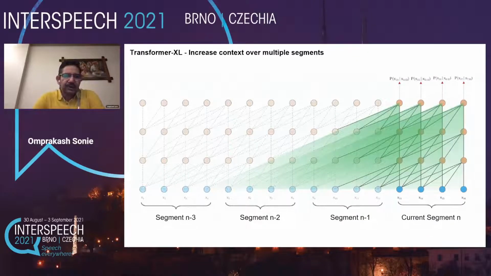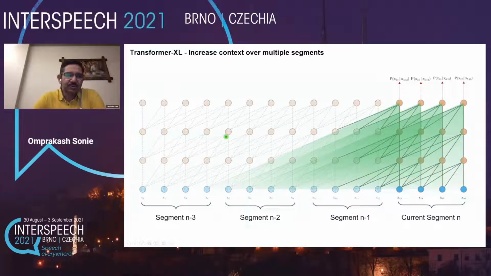Now, in the case of a transformer, what you see is that it treats each segment independently. But there is an enhancement to the transformer model, which is called Transformer XL. What it tries to do is, let us say I am on this current segment N, then I still want to carry the context from previous segments, maybe in a diminishing way, and that's how it is done here.